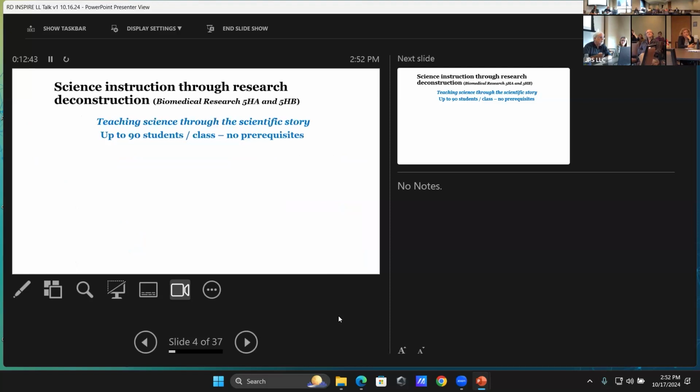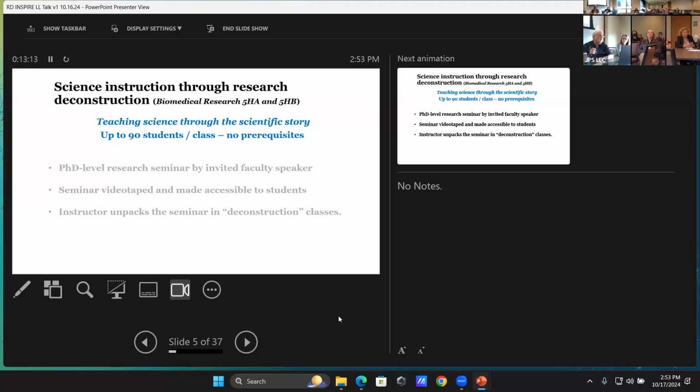The way this works is that, first of all, we have no prerequisites for this class. We teach this to first-year students who've taken no introductory biology, as well as more advanced students. In our classes at UCLA, we have up to 90 students in a class, but it can go higher than that if you've got TA support, so it's pretty scalable.